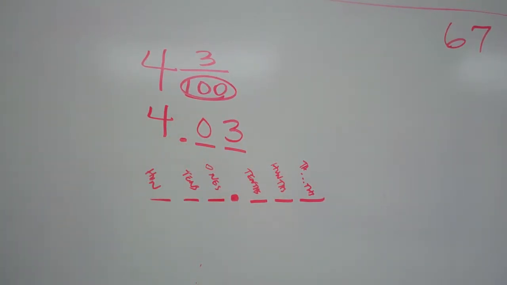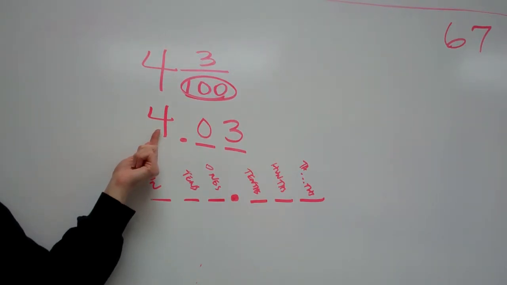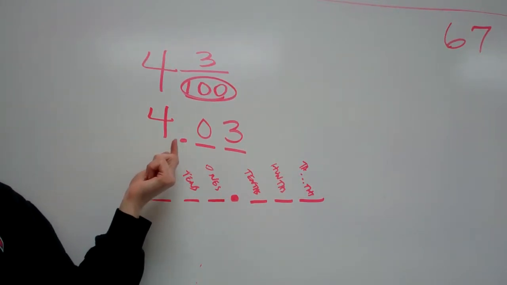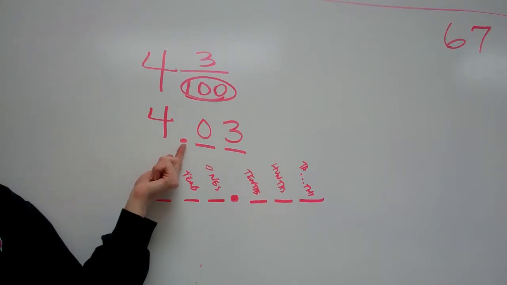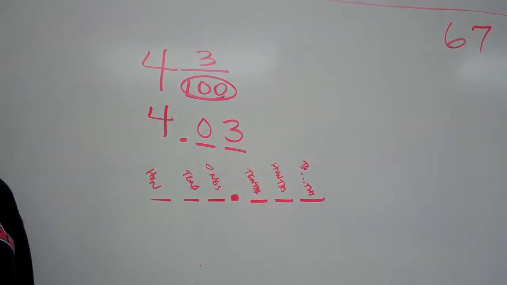The way to read this is 4, and who remembers what the decimal means? What is the and? So watch this. 4 and 3, and then you tell me what spot that it ends. Hundredths.